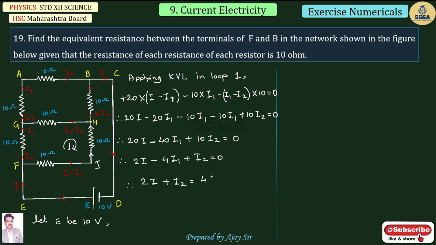We can divide further, so let us convert this equation in the form of I. We keep 2 into I on the left hand side, and 4 I1 minus I2. This I2 we shift to the right hand side. So now I is equal to, dividing by 2 on the right hand side, 4 into I1 minus I2 divided by 2. Let us call this equation number 2.